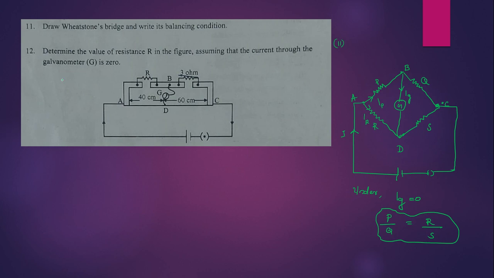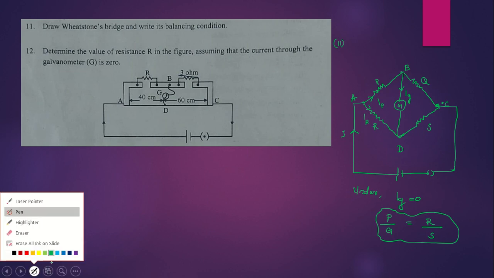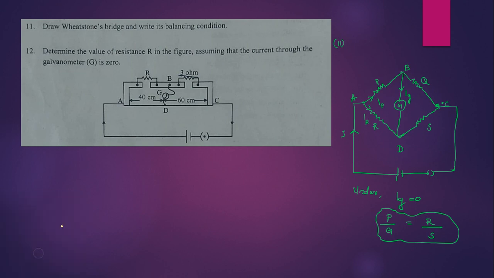Number 12. Another question from the application of Wheatstone's principle, that is the meter bridge. Assuming that the current through the galvanometer is 0, again the balanced condition, we have to say that P by Q equals R by S. So in place of P, the external resistance R, by the 3 ohm, is equal to, if the resistance per unit length of the meter bridge wire is rho, rho into 40 centimeter by rho into 60 centimeter.